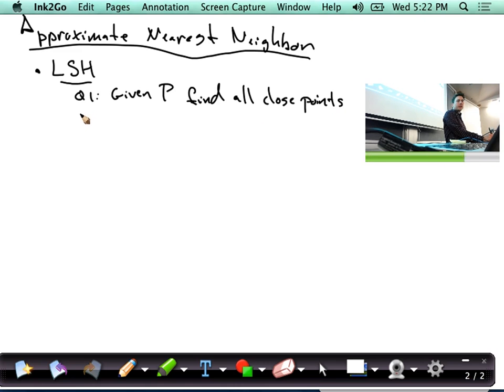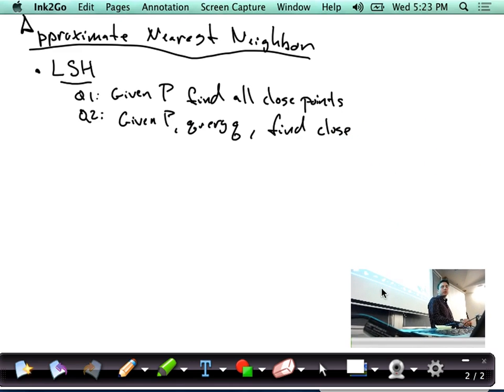The other one it can handle was: given P and a query Q, find close points to Q. We'll focus more on this one this time.